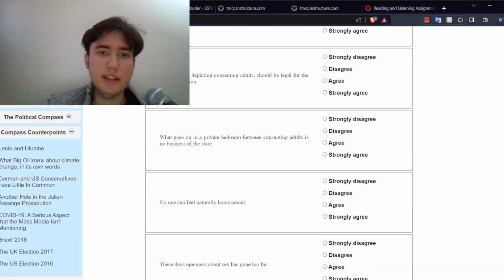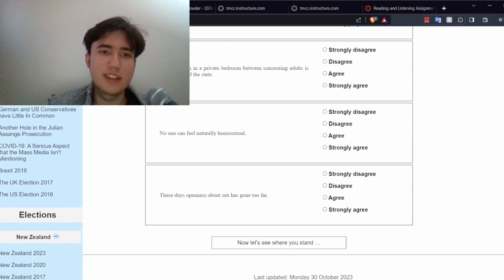Pornography depicting consenting adults should be legal for the adult population. Man, the people who want to ban pornography, I can't even believe them. What goes on in a private bedroom between consenting adults is no business of the state.